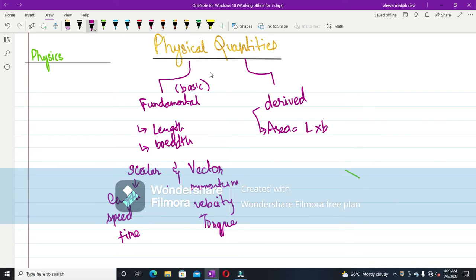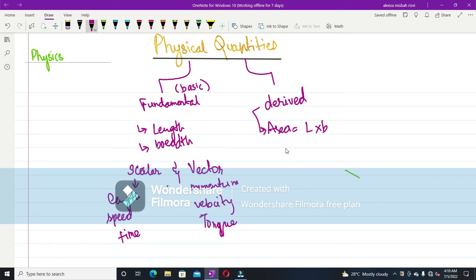Okay, so this is how it works. It means we can differentiate between scalar and vector like this: the quantity which requires a direction is known as vector, and which doesn't require a direction is known as scalar. And the rest of the definition is the same, that they both are specified with the magnitude and SI unit.